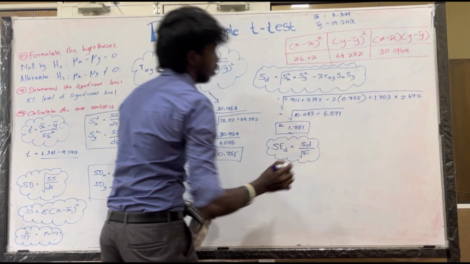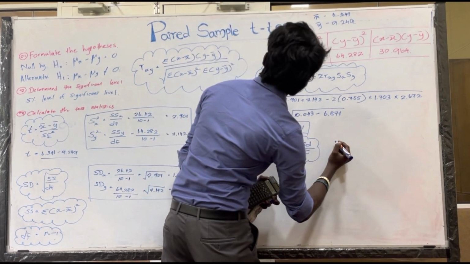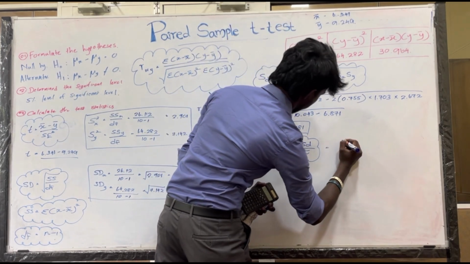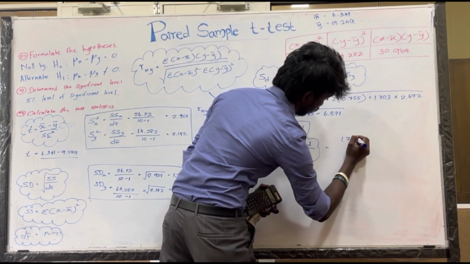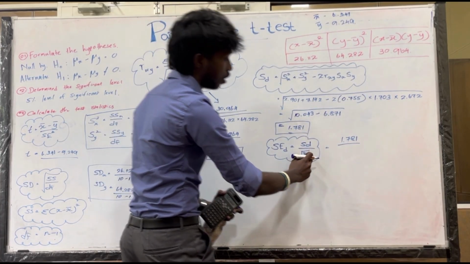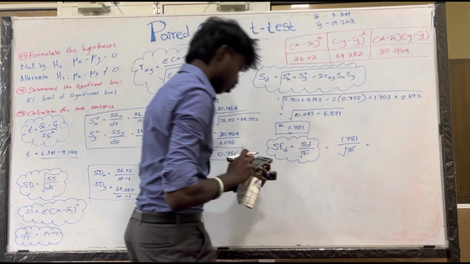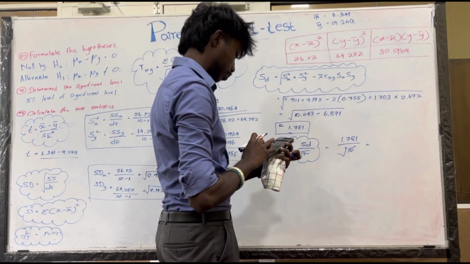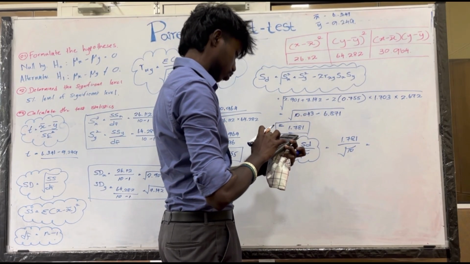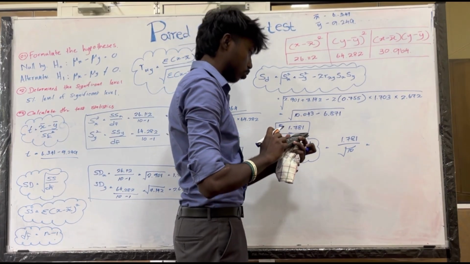Okay. So we calculated the standard deviation of difference as 1.781, and n is the number of companies we selected. Square root of 10: first we calculate the square root of 10, which is 3.162.